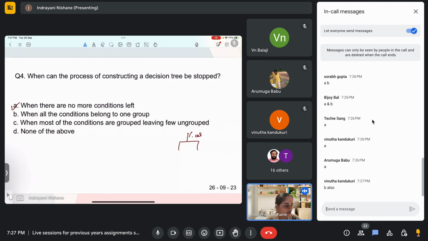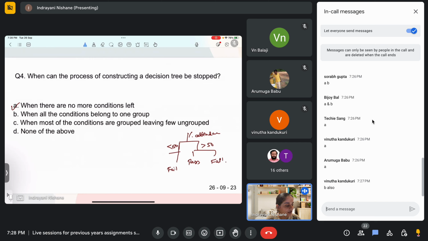Suppose percentage attendance. Attendance is greater than 50 and attendance is less than 50. So people having attendance less than 50 will always fail in the exam, because they are not allowed to sit for the exam. And people who have attendance greater than 50, they may pass or may fail.